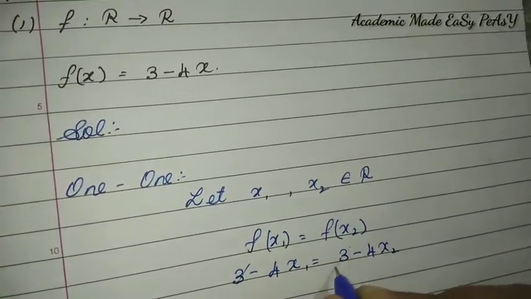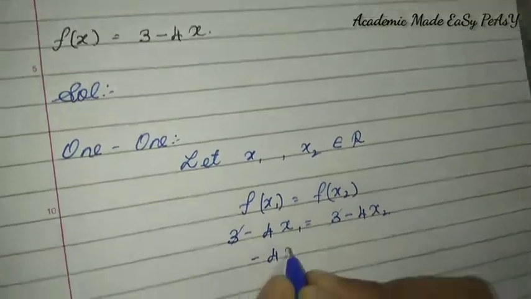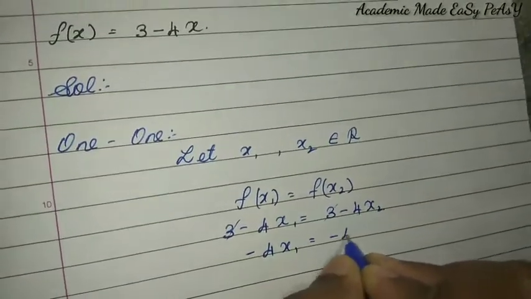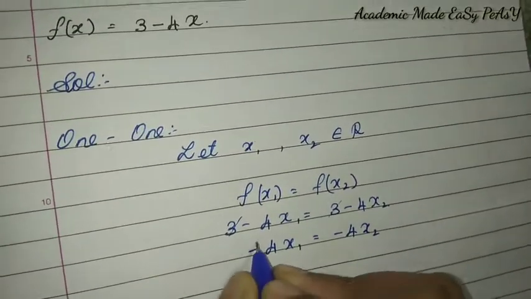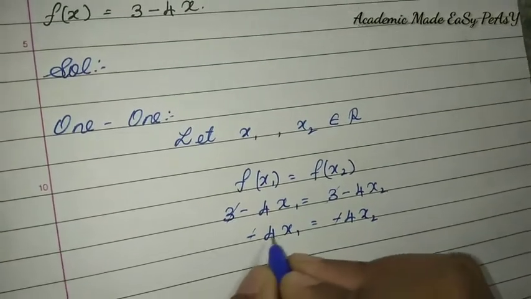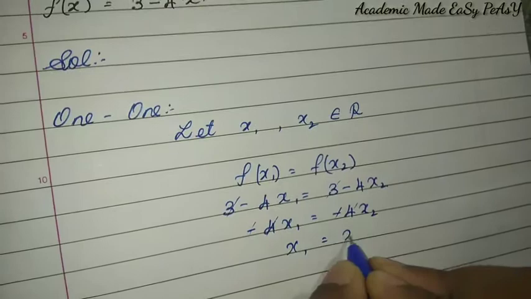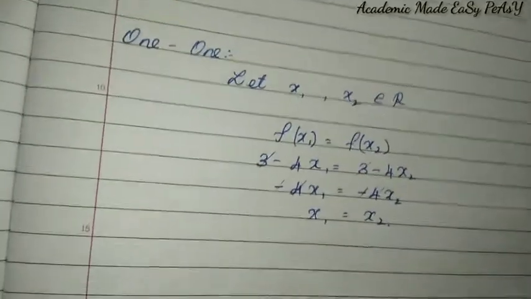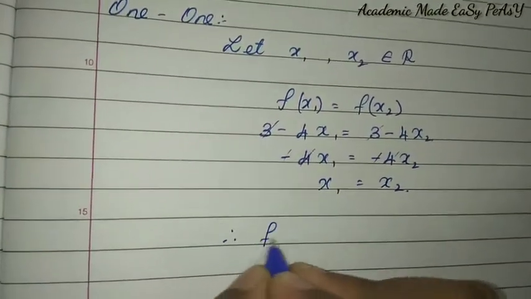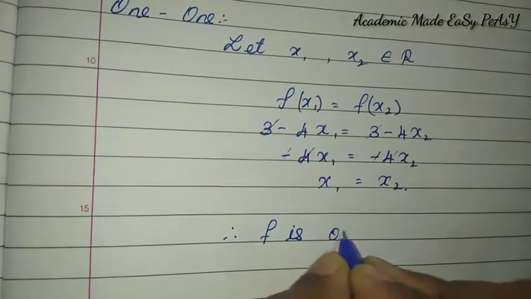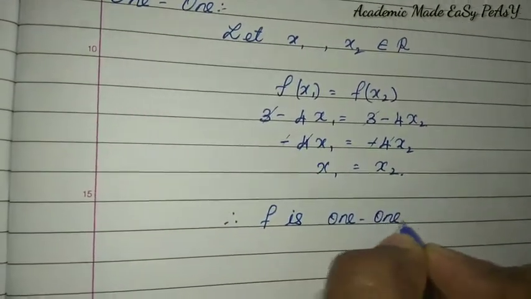So, these two will get cancelled. So, minus 4x1 is equal to minus 4x2. When you cancel this also, 4 and 4 also get cancelled. So, x1 is equal to x2. Therefore, f is one-to-one.